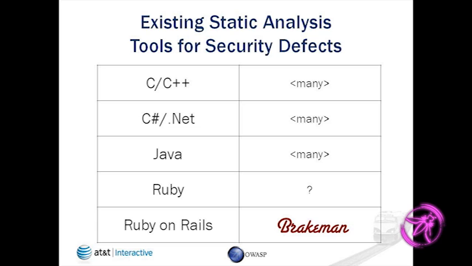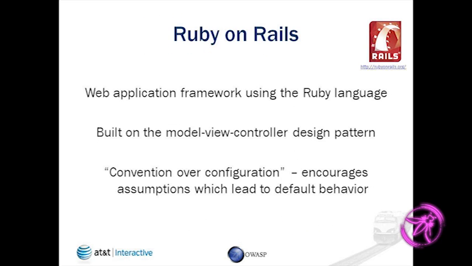They have other issues. And then Ruby on Rails, there were basically no tools, no usable practical tool for finding security defects in Ruby on Rails code, and that's where Brakeman comes in.